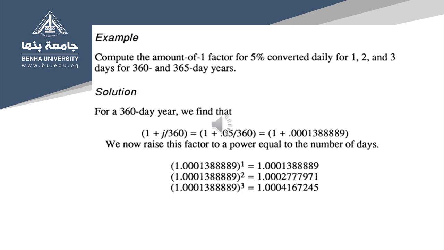This is the amount of one factor, and you must understand this factor very closely. The amount of one factor is 1 + J/360 for a 360-day year, with the power 1 day, 2 days, and 3 days as stated in the head of the problem.